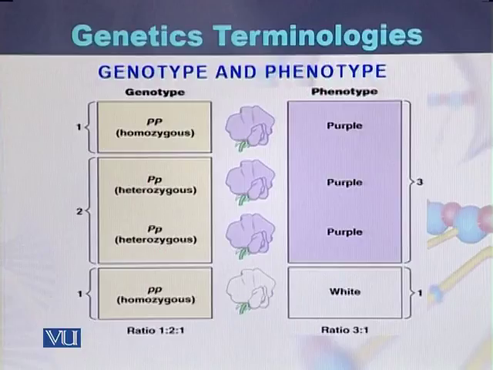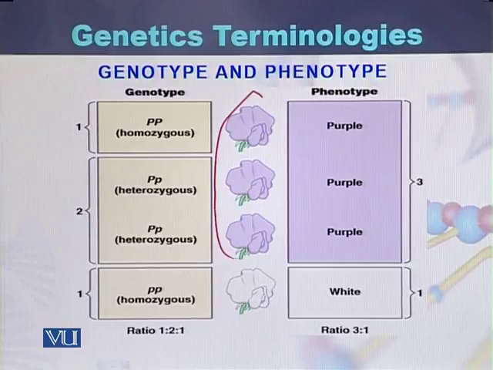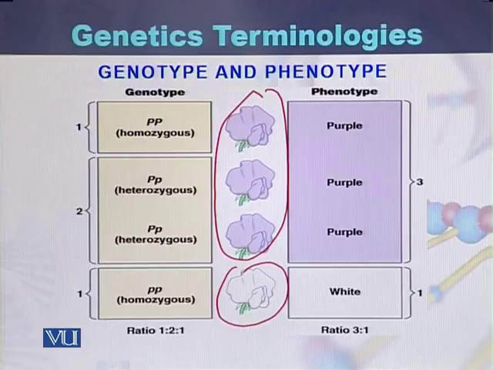If we take here the example of genotype and phenotype, for the phenotype, there are three purple color flowers and one white color flower. So these are phenotypes, purple color and white color.